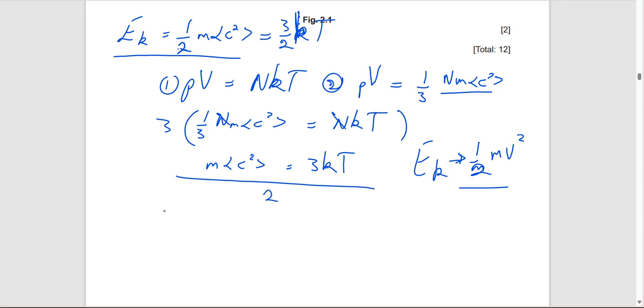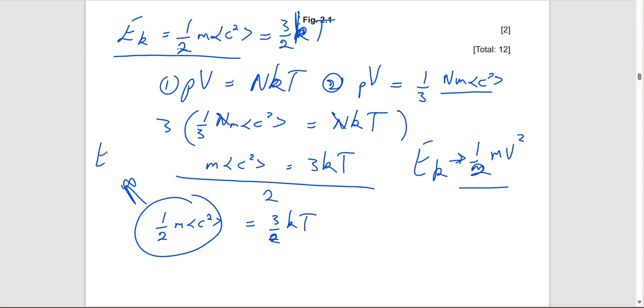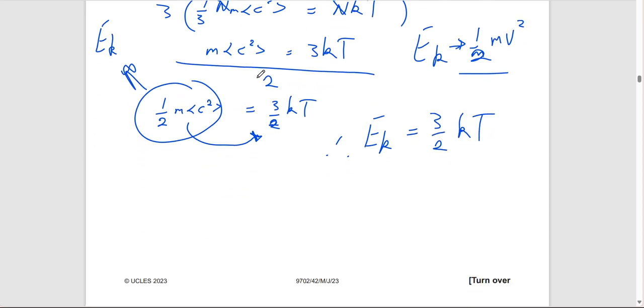So the kinetic energy must also be equal to 3 over 2 kT, right? So now we have the relationship that we want.